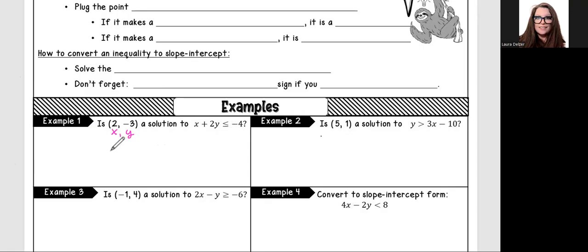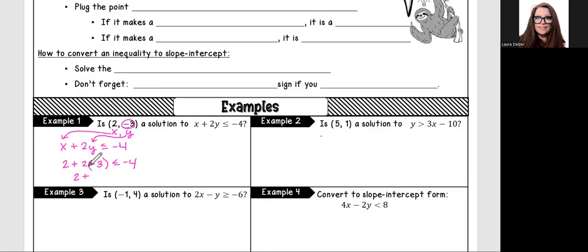I'm going to write my inequality over again because it helps me focus and think about what all the components are. I'm going to plug in my x, which is 2, and my y, which is -3, so it becomes 2 plus 2 times -3 is less than or equal to -4.